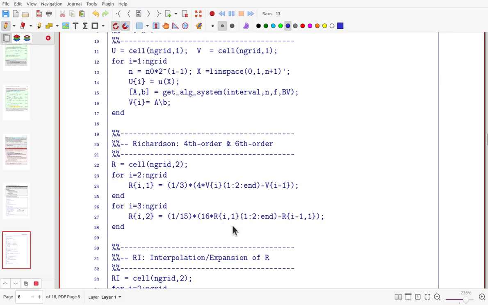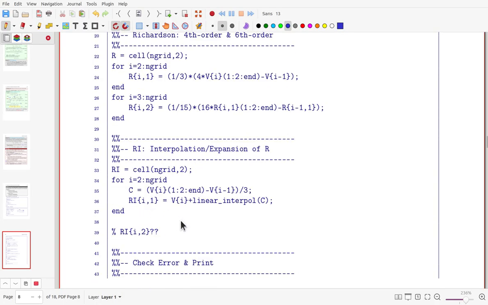That one is made from the fourth order solutions, the first column of R, and we try to get the second column, sixth order. And here you now have to have interpolation for the fourth order one.